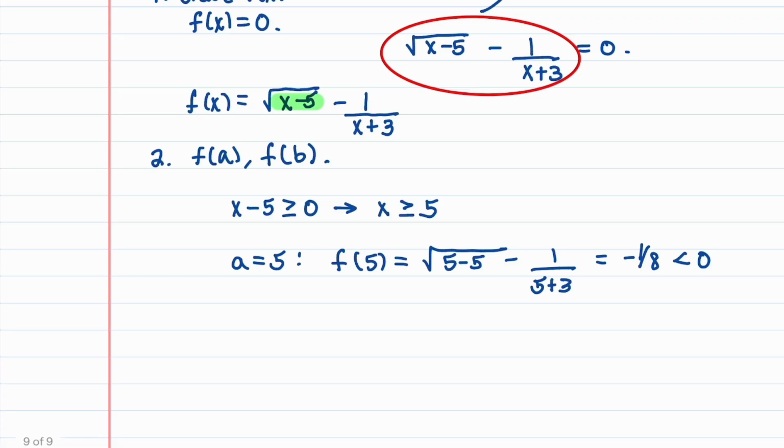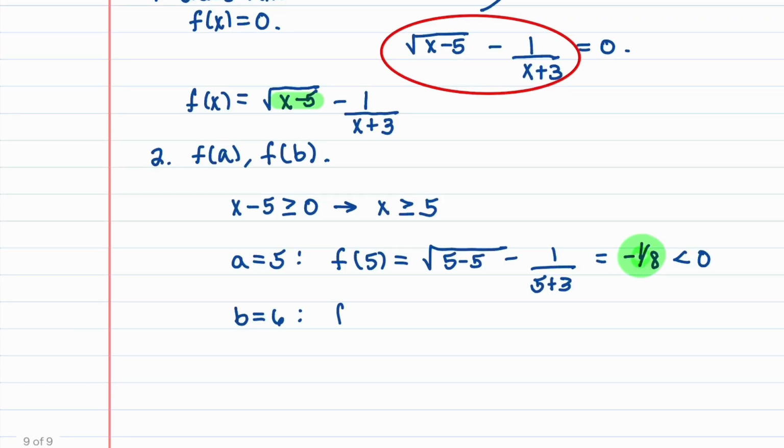Now we need to choose a b. We just need to pick a number that's bigger than 5. Notice that the answer that we just got was minus 1/8. That's really close to 0. So I have a guess that we could make b be equal to 6, and we might get a function value that's bigger than 0.